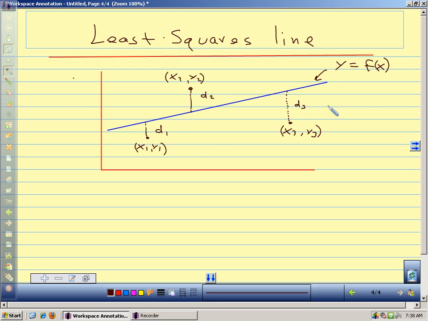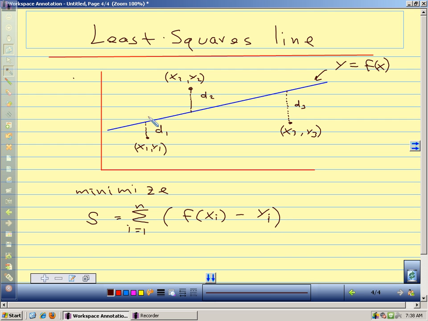So we want to minimize, we're going to call it S, the sum, we're adding all these distances together, i equals 1 to n, for however many data points we have, of f of x_i minus y_i.